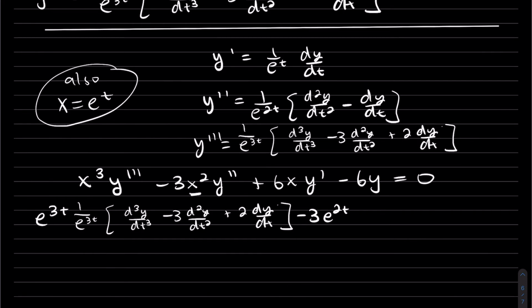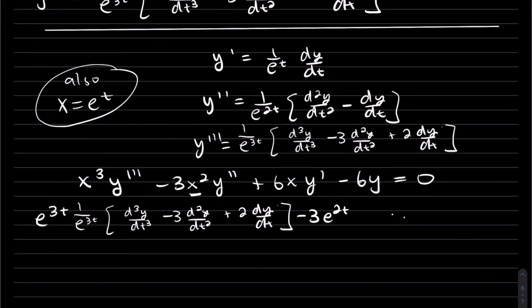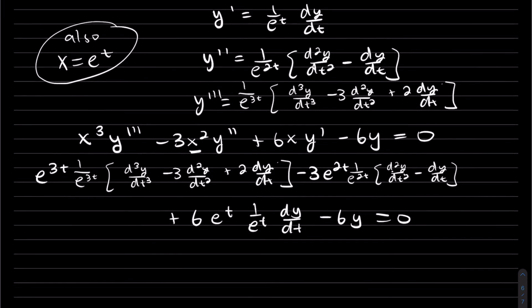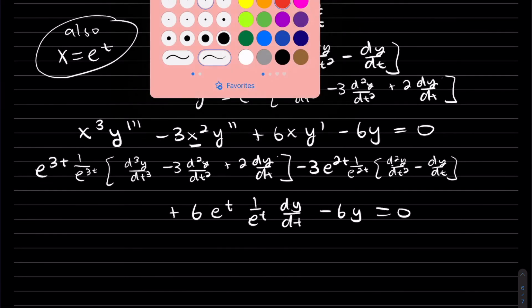Copy my y double prime. Continuing to the second line, plus 6 e to the t y prime minus 6y equals 0.